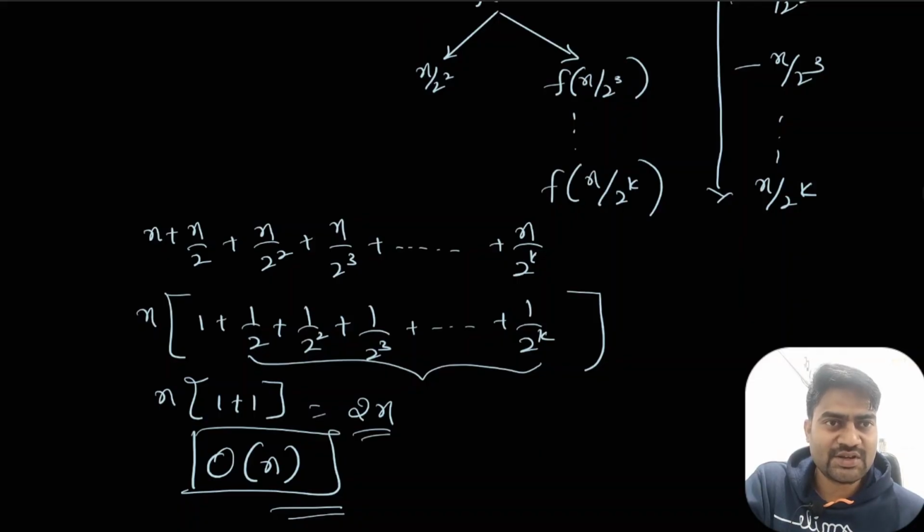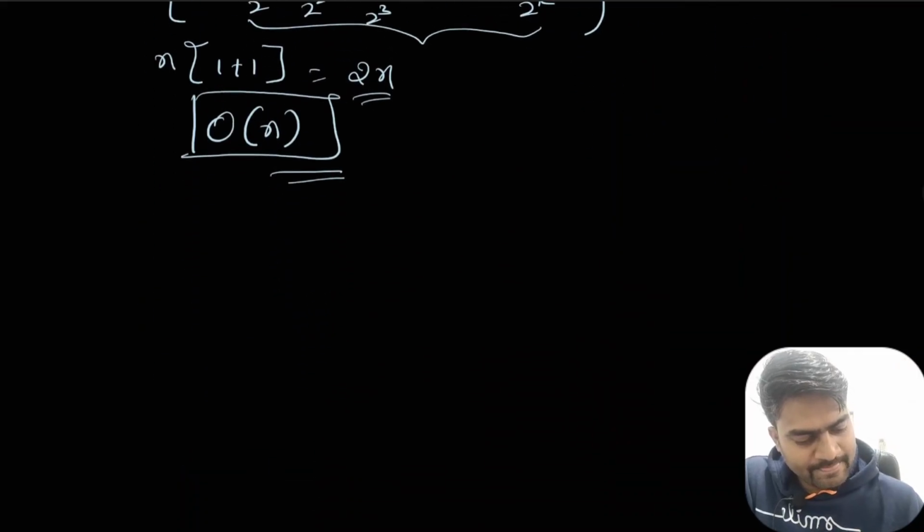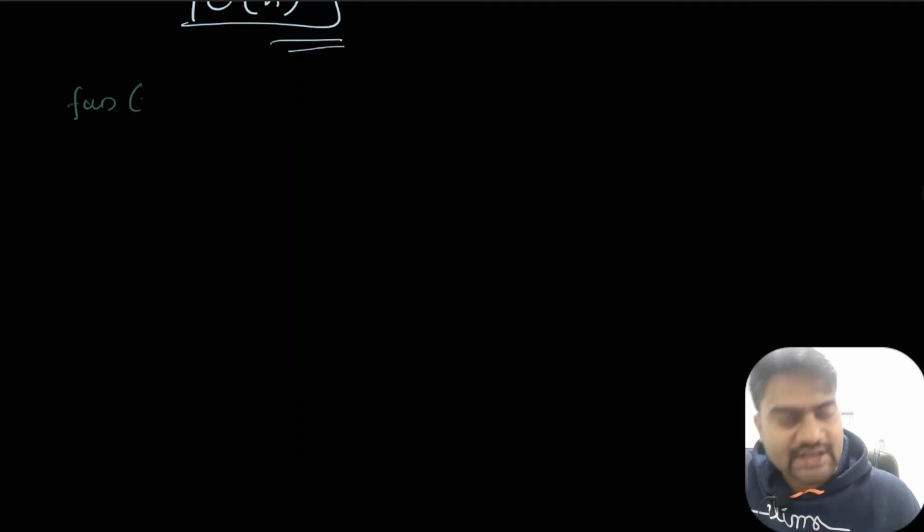Okay, let us look into one more example now. So now we have function f of n. Then what it does, it will check if n is greater than 1.